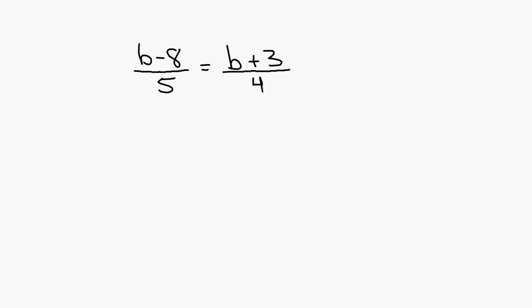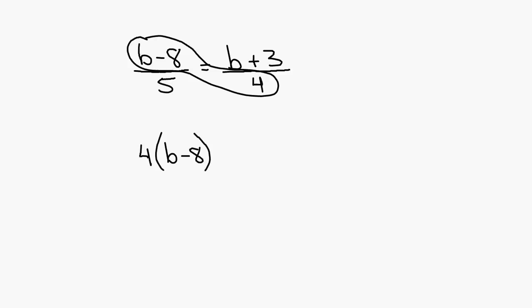So the first thing you can multiply is this, the 4 times the b minus 8. So if you take 4 and you multiply it by b minus 8, and you make that equal to 5 has got to get multiplied by the b plus 3. So 5 times b plus 3.